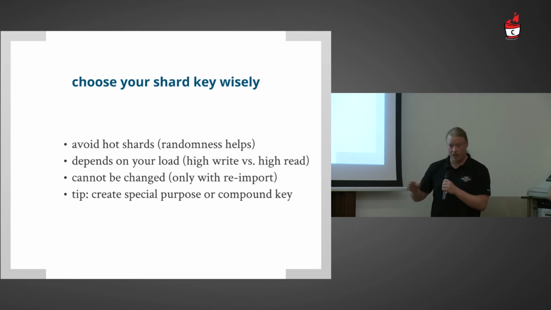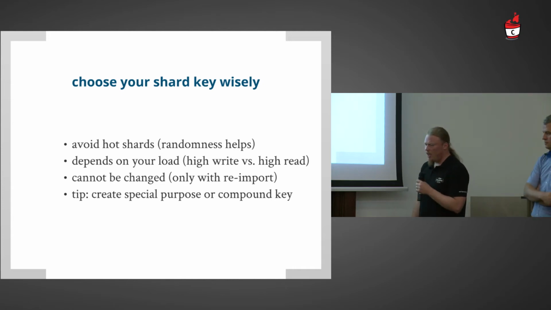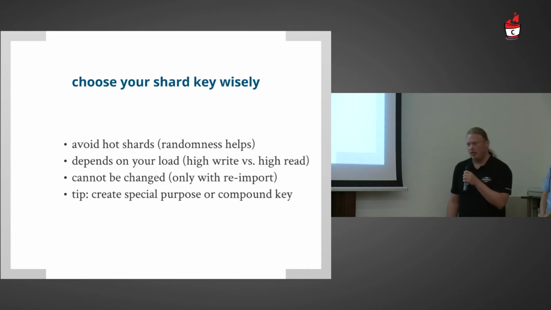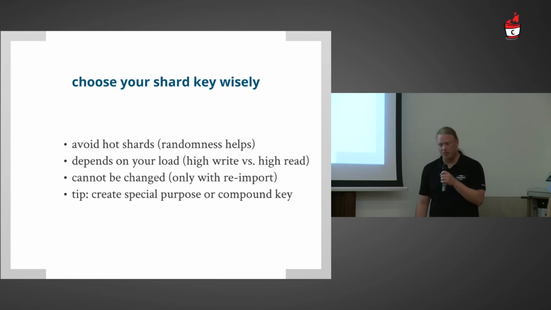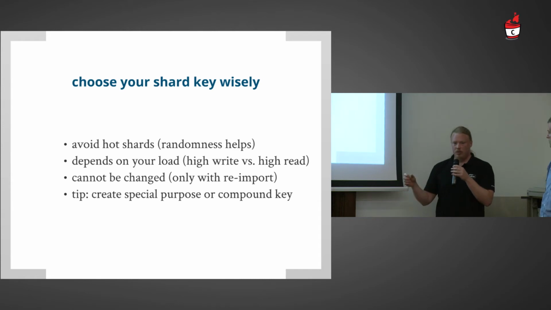If you have the spare I/O on your disks, then yes, you can do that. What the MongoDB documentation proposes is that you can create a special field explicitly for this. For example, we could have created a field that is the modulo of the ad ID or something like this to distribute it more evenly.